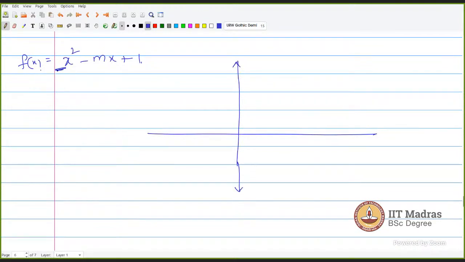As the leading coefficient is positive, you know that the graph is an upward parabola. And also you know the y-intercept is 1. When I substitute x equals 0, that is nothing but the y-intercept. It will be something like this.